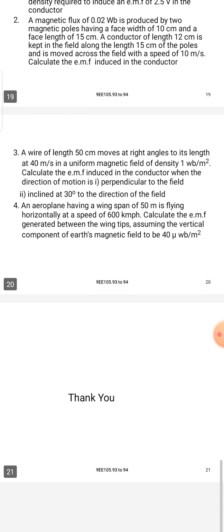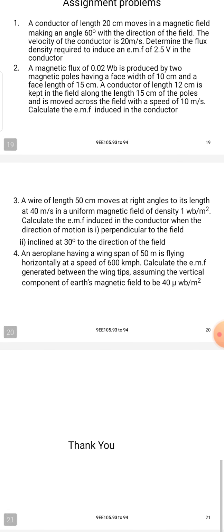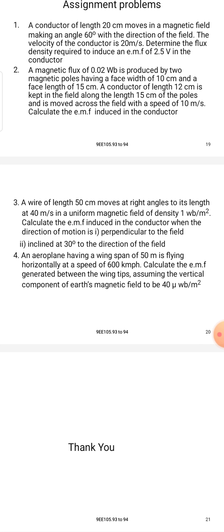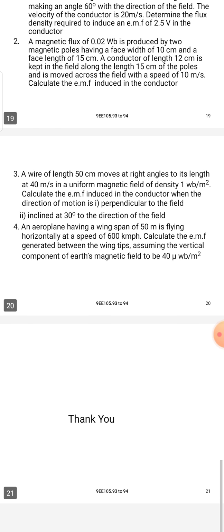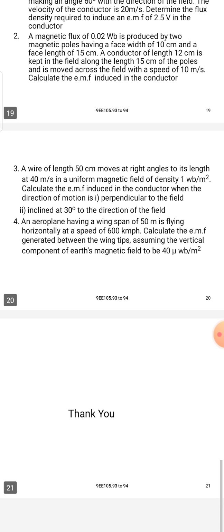One more problem. A wire of length 50 centimeter is moving at a right angle to its length at 40 meter per second in a uniform magnetic field of density 1 Weber per meter square.